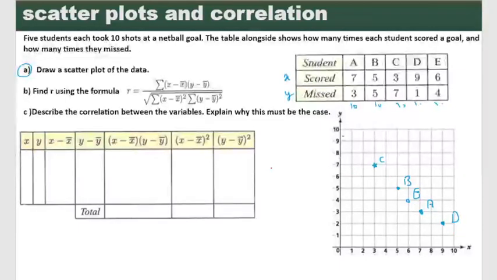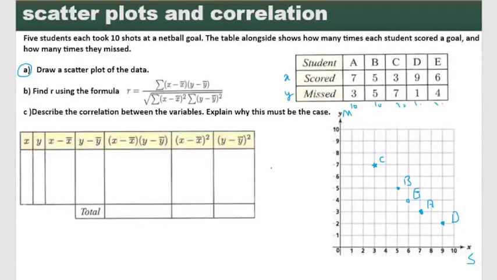The x-axis gives me the scored, and the y-axis gives me the missed. If I look at these points, we see that when x increases, my y dependent variable decreases.